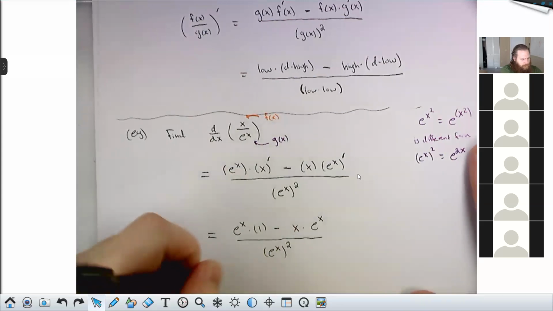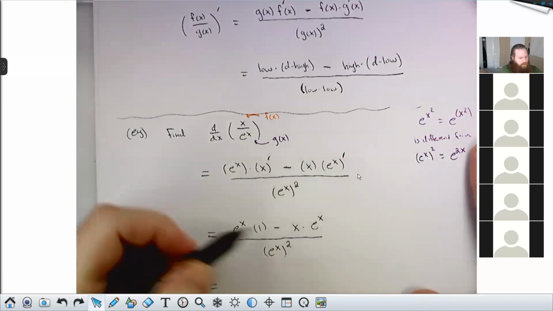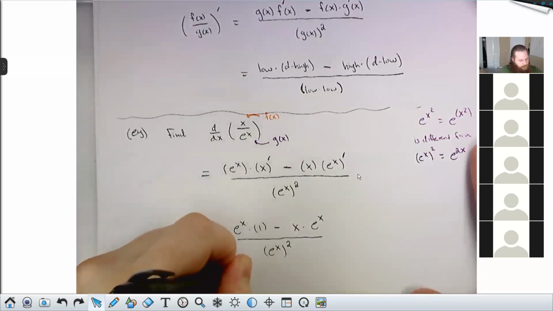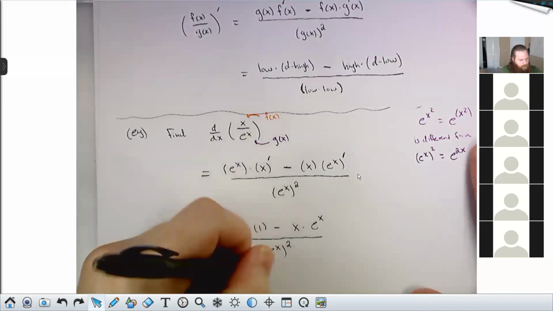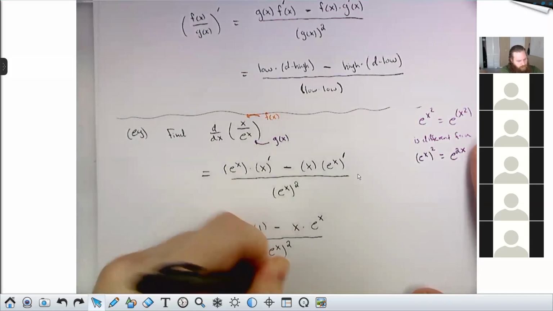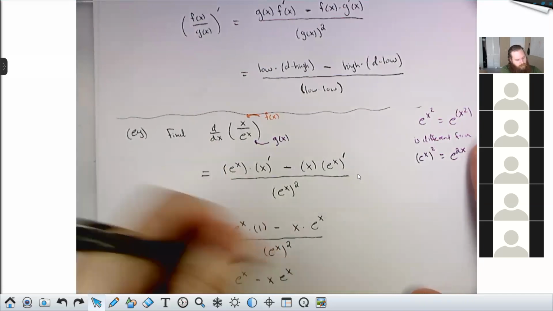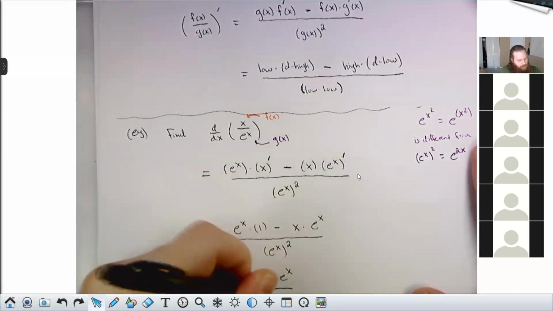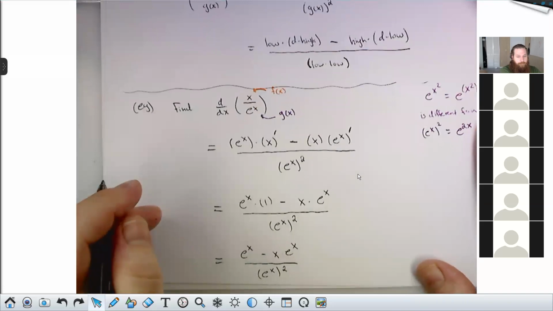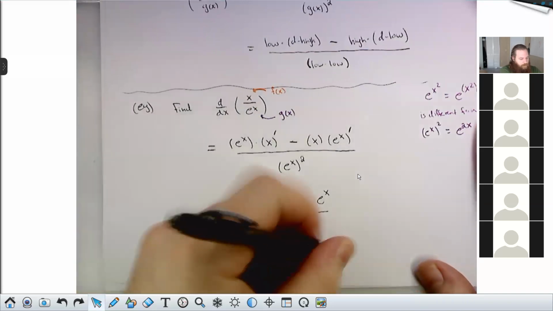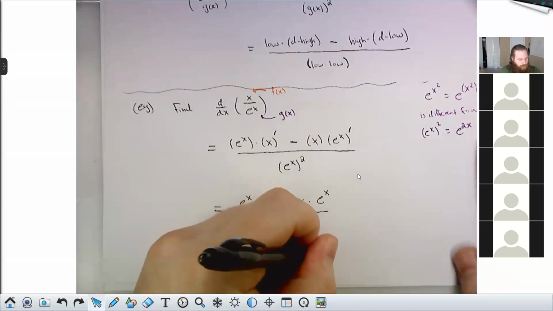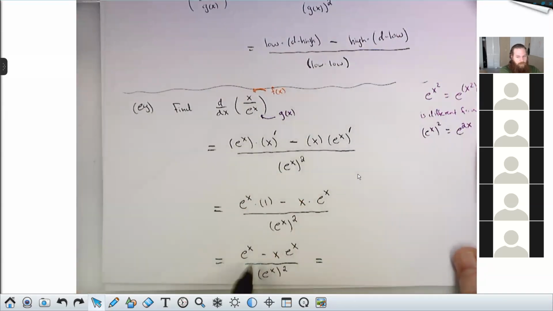And this can be simplified, and it should be. I can factor out e to the x, right? I'll write this as e to the x times 1, which is just e to the x, minus x times e to the x, all over (e to the x) all squared like this. And you notice in the top here, I can factor out an e to the x.